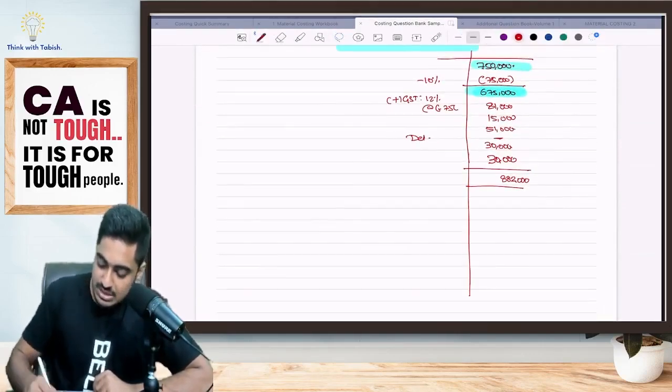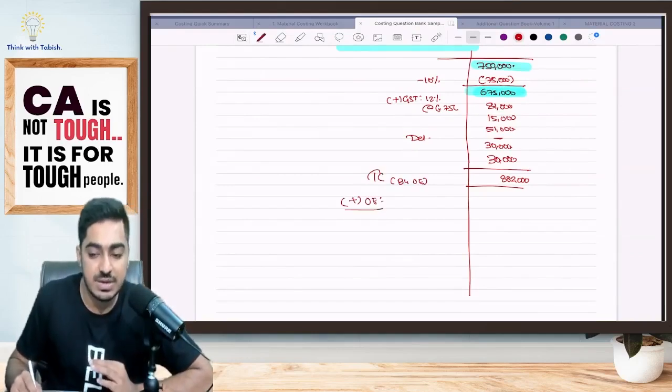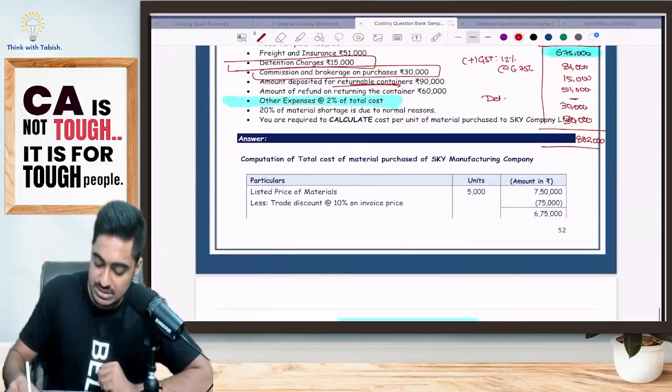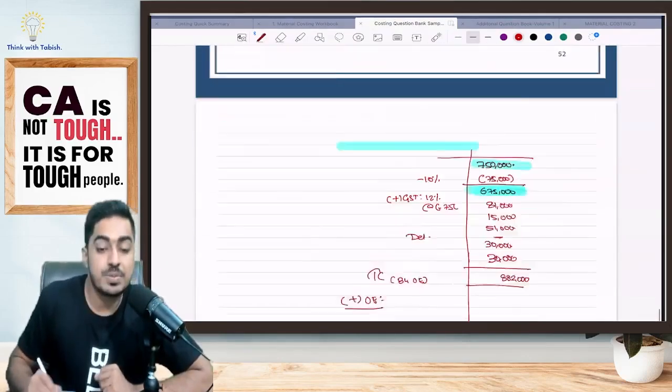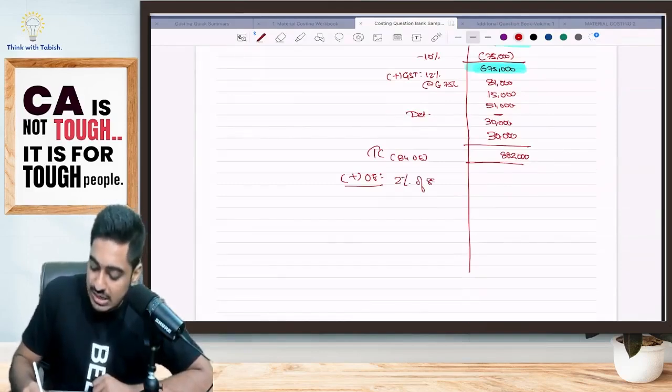Pay attention. Yes, this is my total cost before other expenses. They are telling for this I'll have to add other expenses. How much is my other expenses, students? They are telling other expenses is 2%. Yes, 2%. 2% of what? 2% of total cost. What is my total cost?